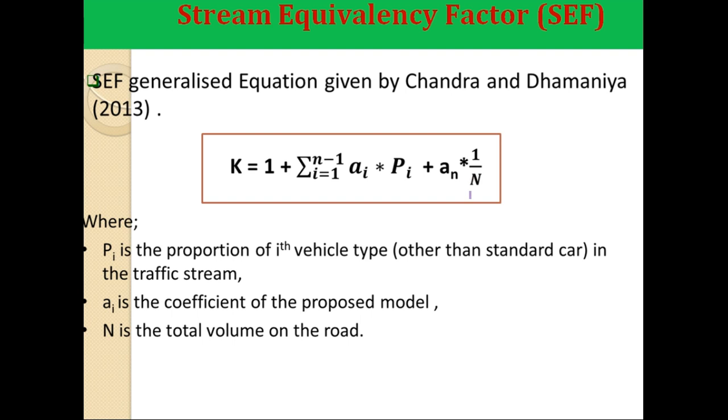So if you know only traffic composition and traffic volume, you can find out the overall equivalency factor of the entire stream, and you need not calculate the PCU factor for individual vehicles.